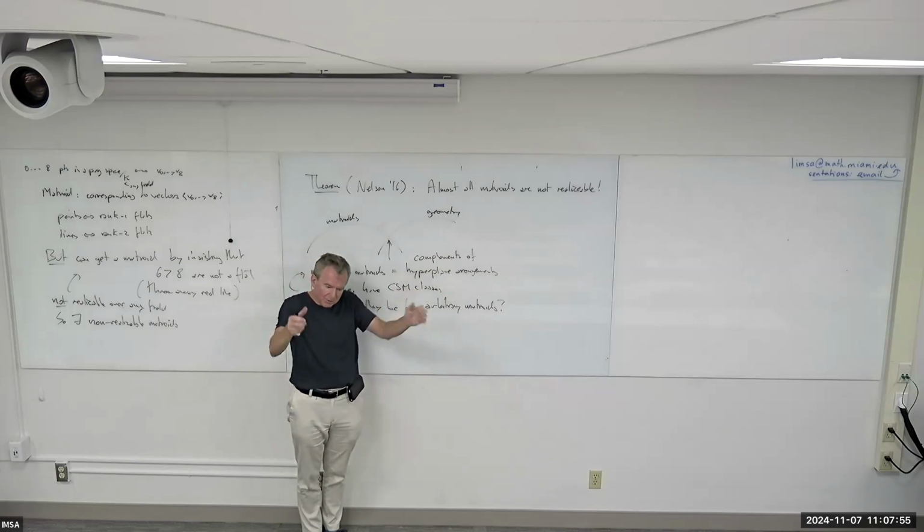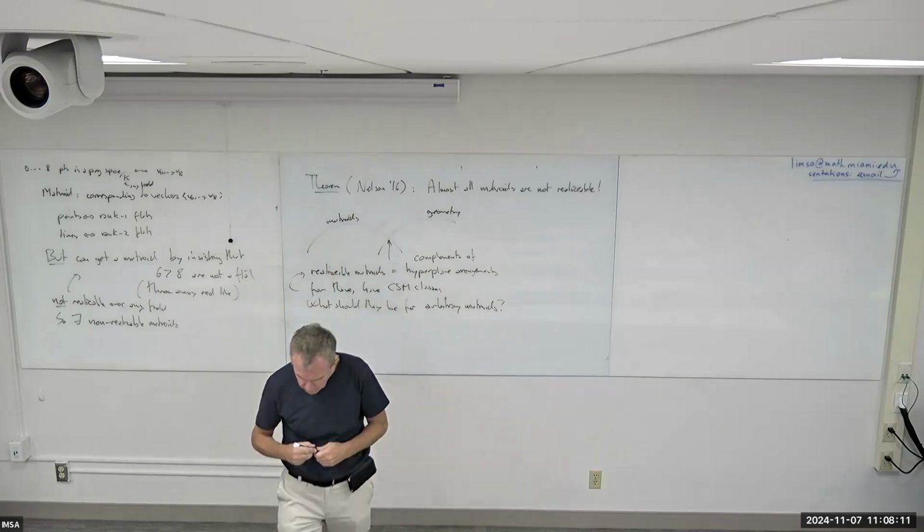If I give you the complement of the hyperplane arrangement without telling you it comes from a hyperplane arrangement, that's the open variety. What are you going to do? We're going to try to look for a compact variety which contains that as an open set and such that the complement is a normal crossing divisor. That's where you should look for this information.